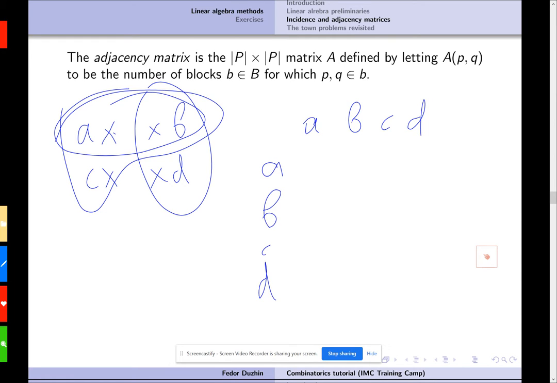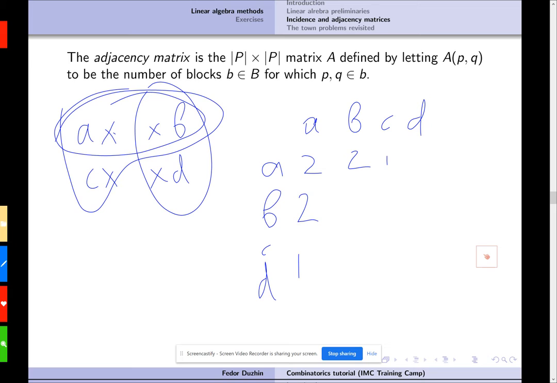So how many blocks does A belong to? 2, right? So A and B together belong to just 2 blocks, right? So A and B belong to 2 blocks together, so 2. So A and C, we look now at A and C. So A and C belong to the first block together, so 1 here.